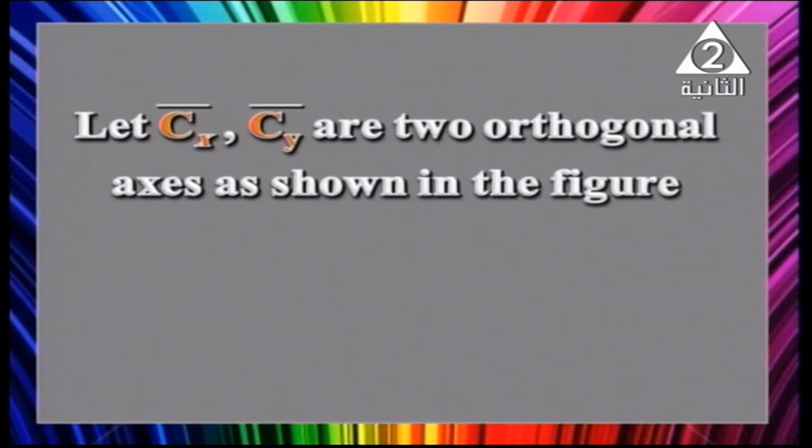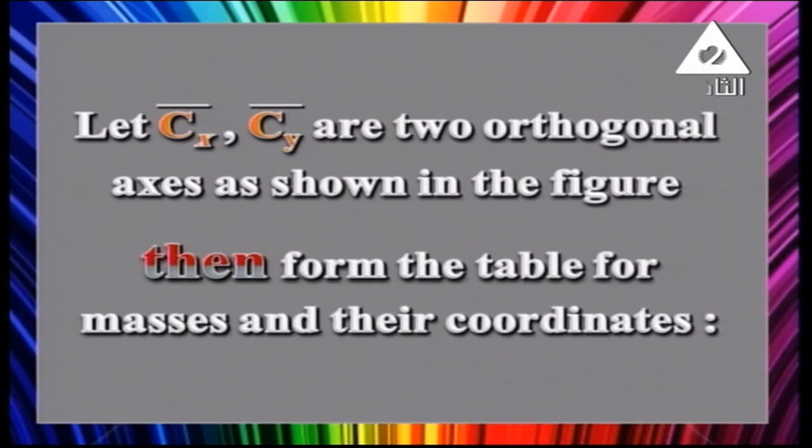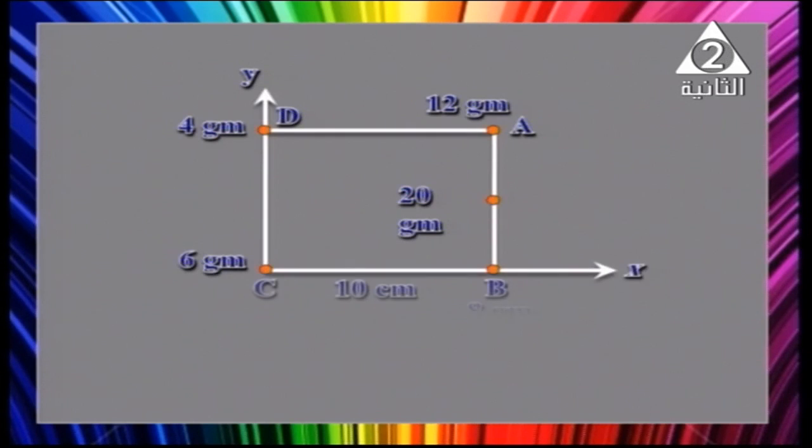Let Cx, Cy be 2 orthogonal axes in the figure, then form the table for mass and coordinate. My dear student, look at the figure. We take the point C as the origin point, and Cx, Cy as the x-axis, y-axis.